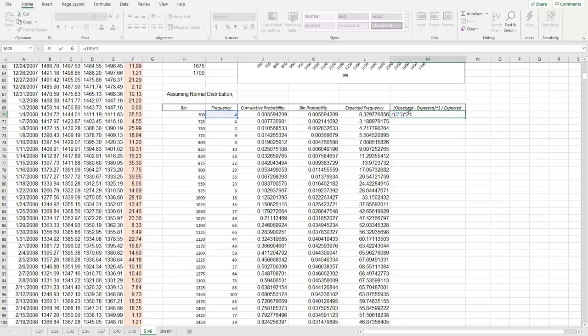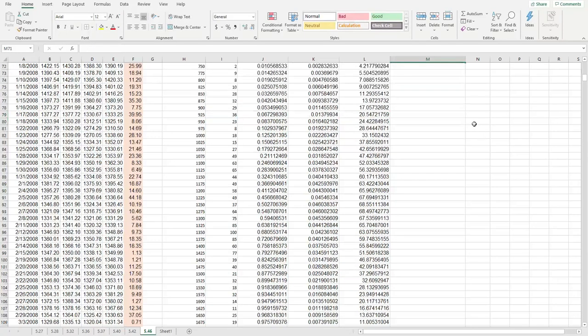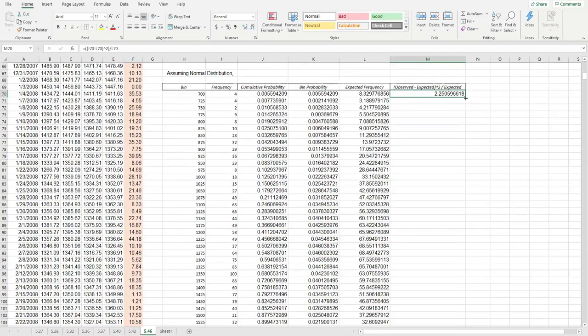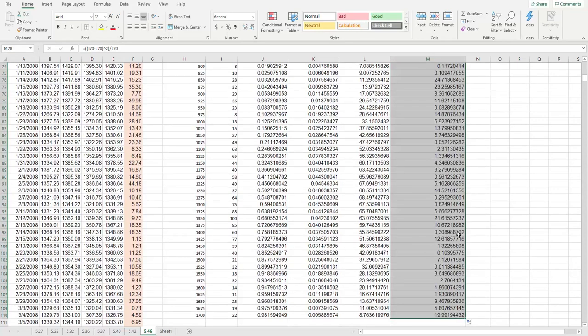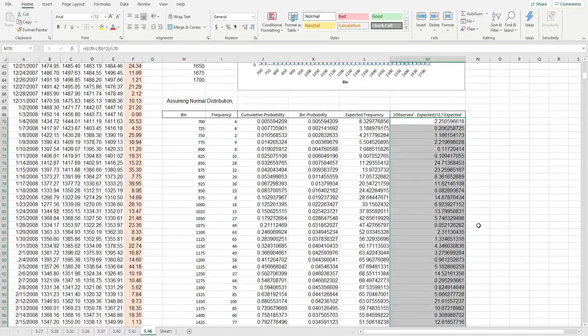Observed frequency minus our expected frequency. So put that in more brackets. Expected frequency. And then simply drag it down. And now we've constructed our chi-square goodness of fit table.